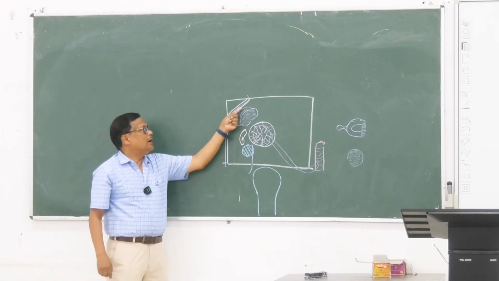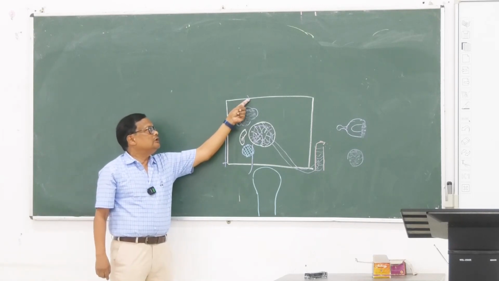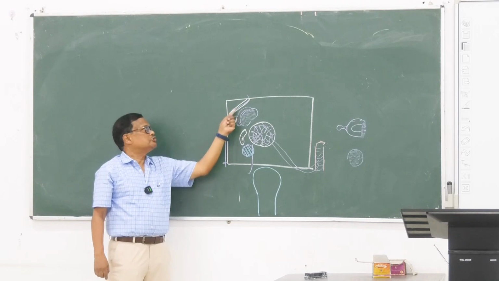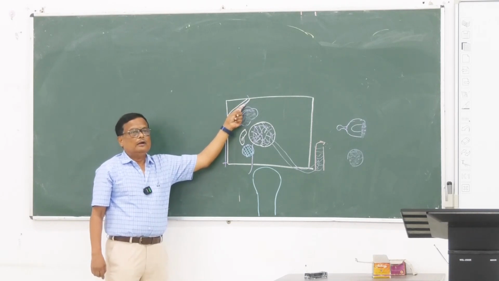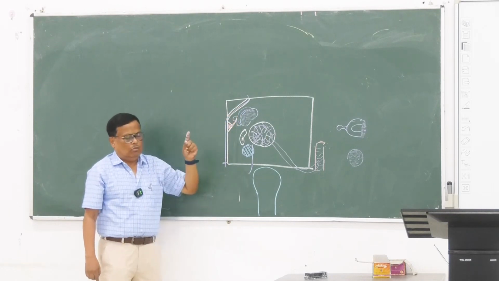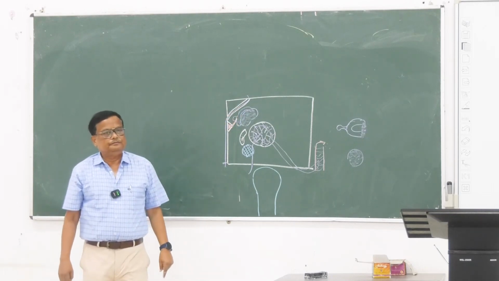So this oblique part where the facial nerve comes from the medial to the posterior wall is seen in this wall. And it is the horizontal part of the facial canal.